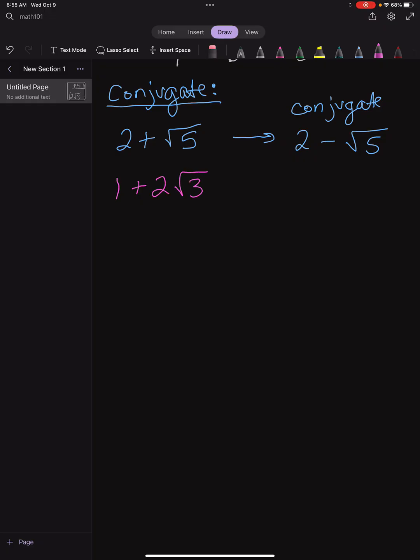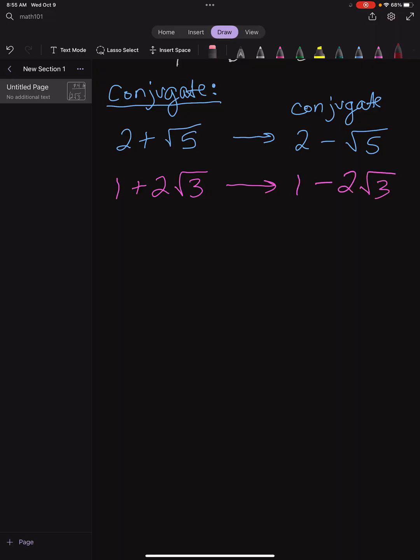It is really going to be easier to show you examples. 2 plus root 5 has a conjugate of 2 minus root 5. 1 plus 2 root 3 has a conjugate of 1 minus 2 root 3.